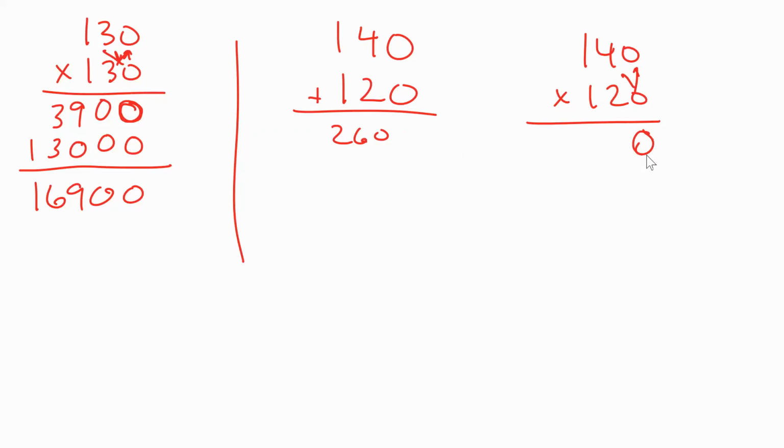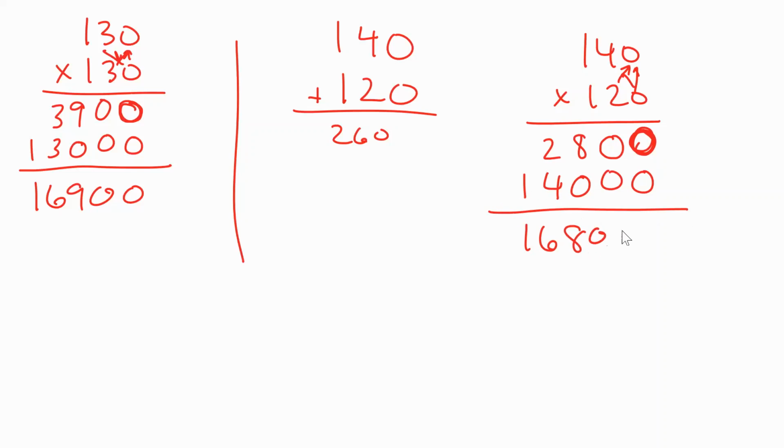Again, this will be my placeholder for the next term. 2 times 0, 2 times 4, 2 times 1. 2 placeholders, 1 times 0, 1 times 4, 1 times 1. And if we add this up, ooh, still pretty high.